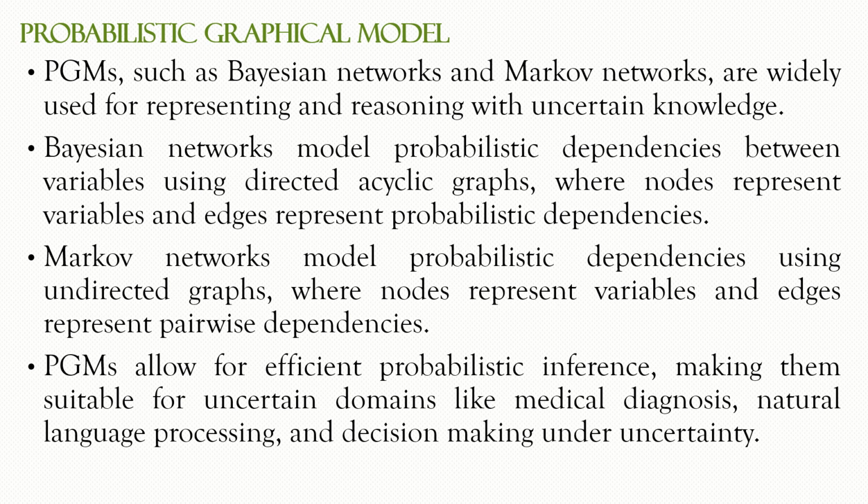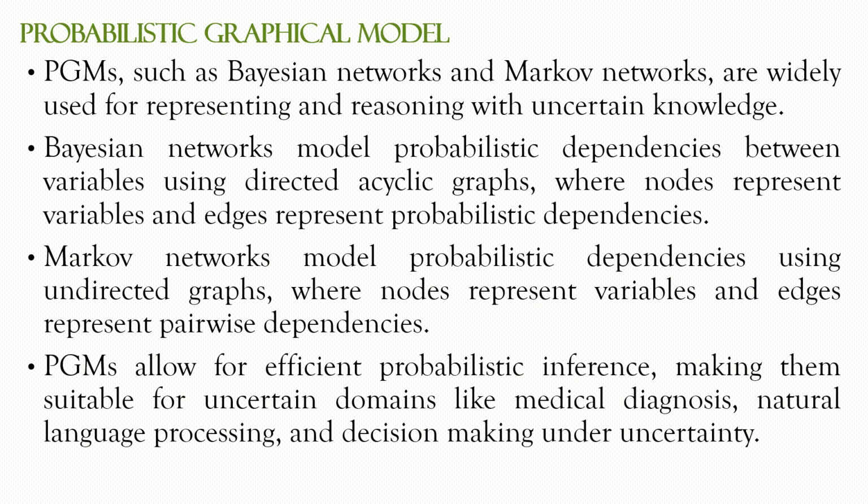Here the examples are Bayesian networks and Markov networks, which are widely used for representing and reasoning with uncertain knowledge. The Bayesian network models probabilistic dependencies between variables using directed acyclic graphs, where the nodes represent the variables and the edges represent the probabilistic dependencies.